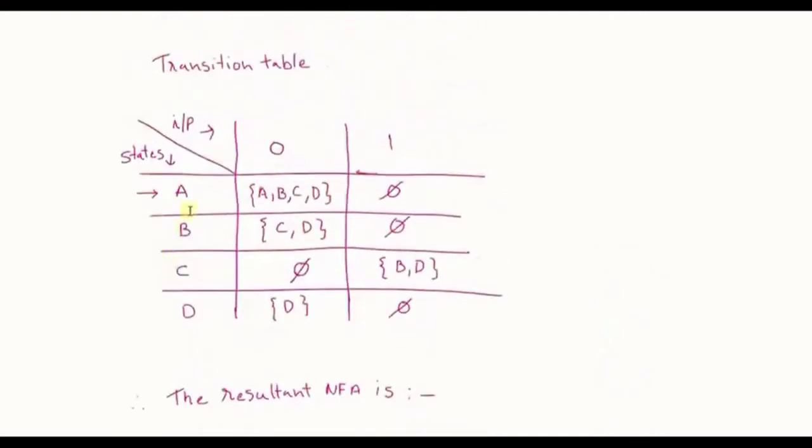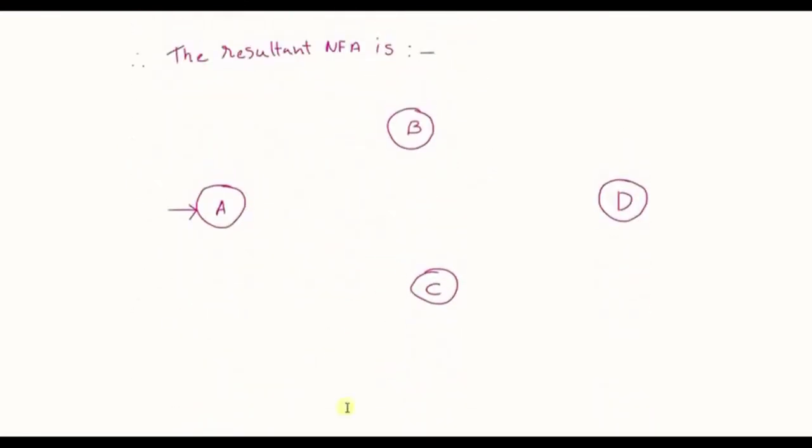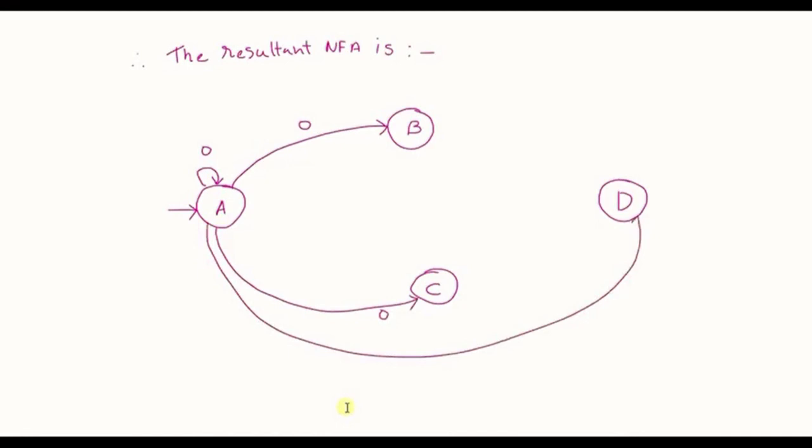Now A on 0 goes to A, B, C and D. So A on 0 goes to all other states: to state A as well as B, C and D. So I am going to have transitions: A on 0 goes to A, A on 0 goes to B also, A on 0 goes to C also, and A on 0 goes to D also.